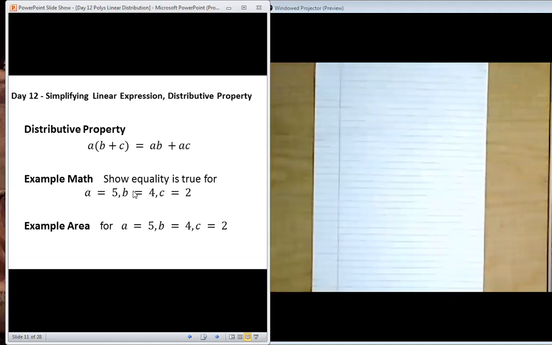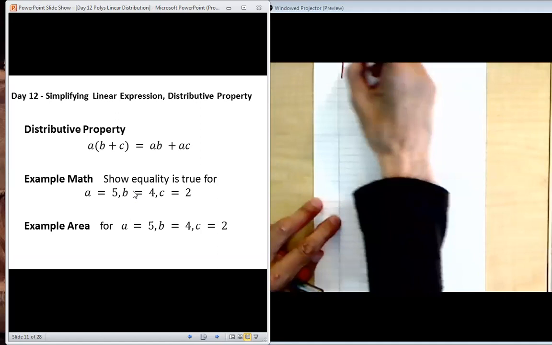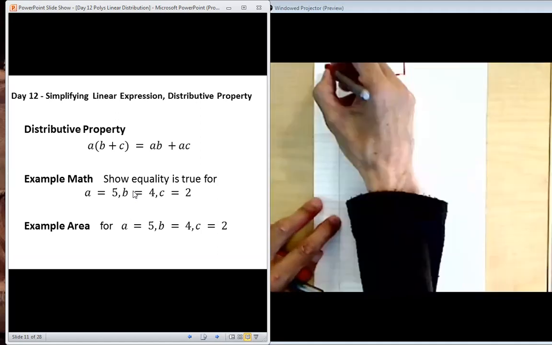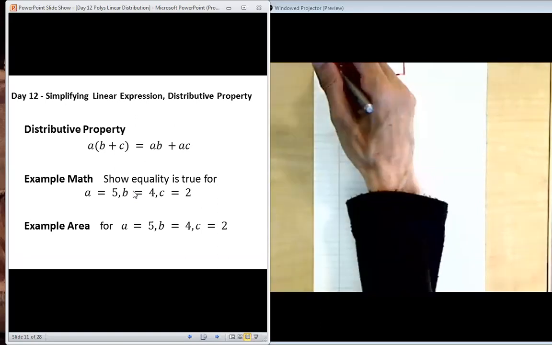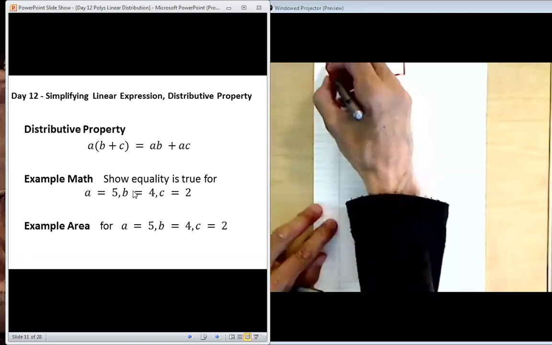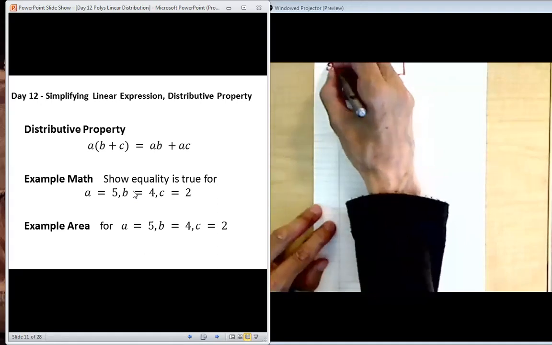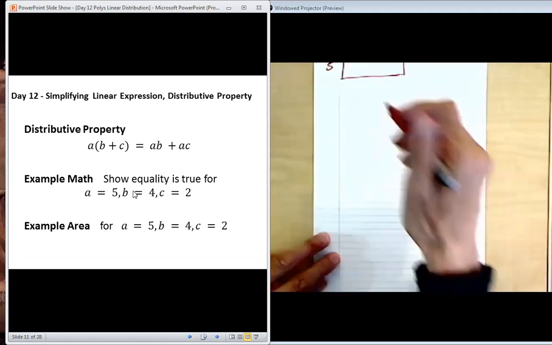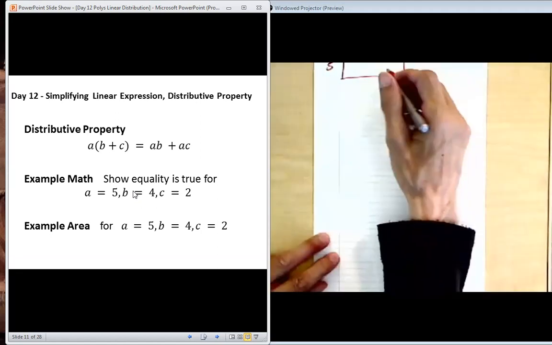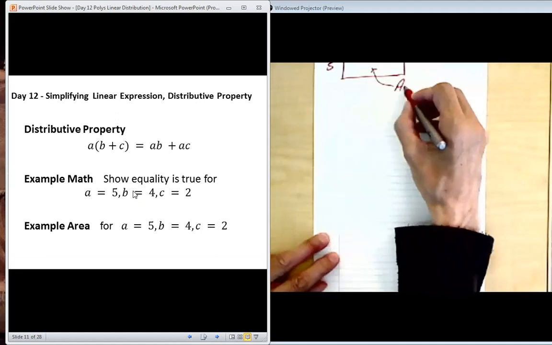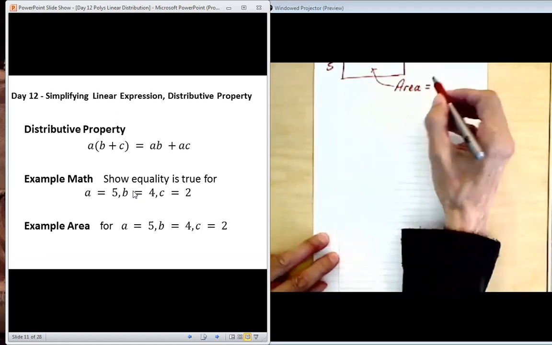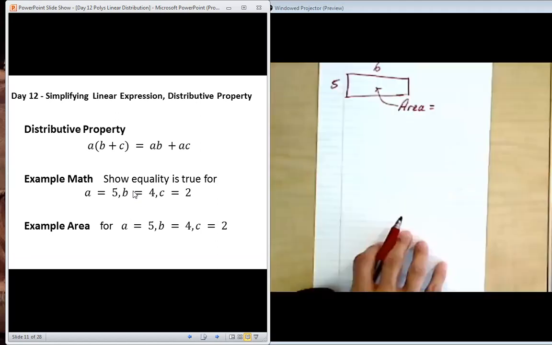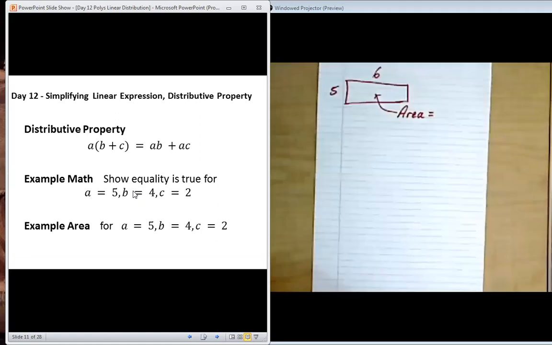If you have a rectangle like this, I'm going to say this is side 5 and this is side 6. Then the area on the inside, because it's a rectangle, if you allow it, by the picture.